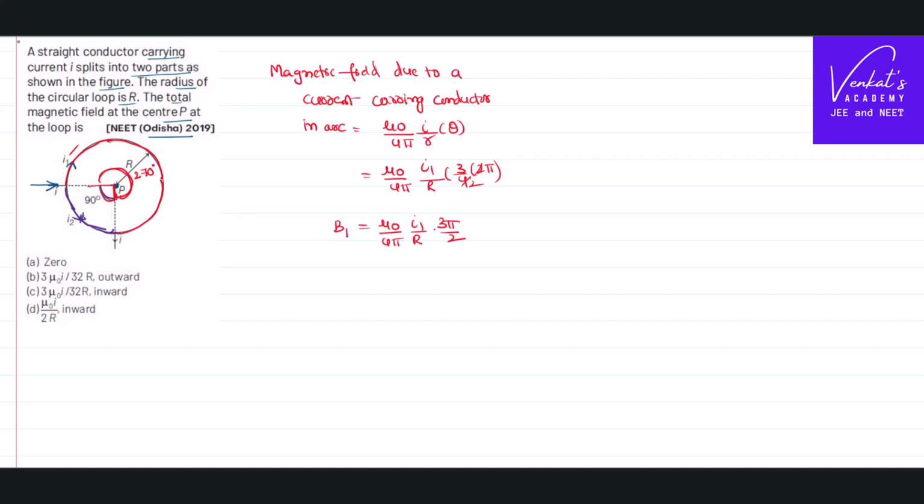That B1 also has some direction. How do you find the direction? We can use the right hand thumb rule, but as the conductor is curved like this, we shall curl our 4 fingers along the direction of the arrows that I am drawing, right? So please take your right hand, curl your fingers in that direction, and notice that your thumb is going inward. So this B is inward, right? Now look at the other part.